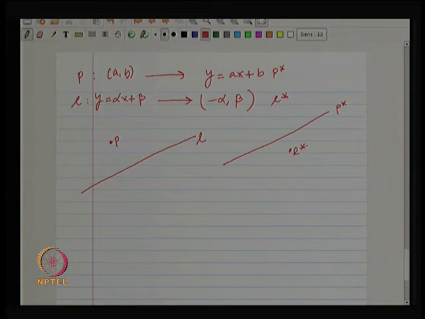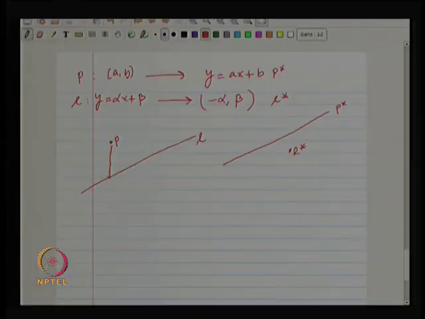The nice thing about this duality is that vertical distances are preserved. What I mean is that the vertical distance here is the same as the vertical distance there, although not in the figure.